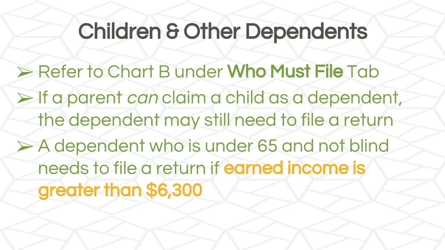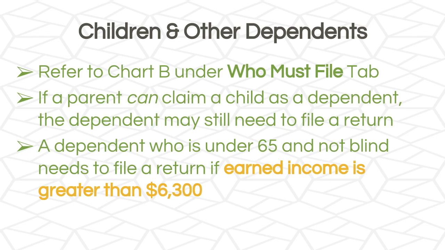So for children and other dependents, we're going to refer to Chart B. If a parent can claim a child as a dependent, the dependent may still need to file a return. As y'all remember, this is a huge common misconception among our taxpayers. They normally think that just because they're claiming their child as a dependent, that their child's part-time job and the money they're earning doesn't require them to file a tax return.